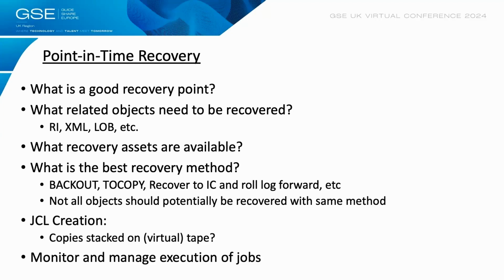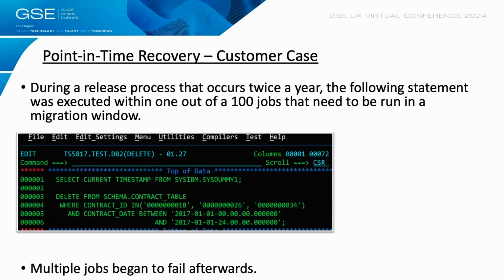So from a point in time recovery, there's quite a lot to do, and it is quite easy to generate the need for point in time recovery. This is an example from a customer, a big customer, not very experienced. Twice a year they have a release process, and they delete some data from some application tables.